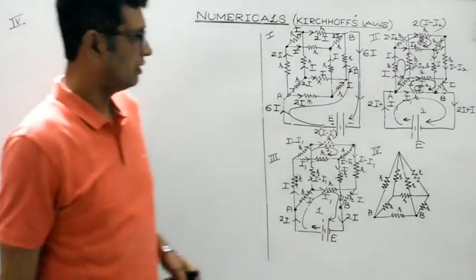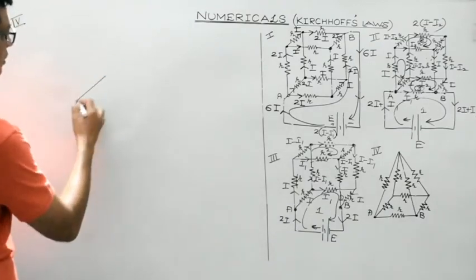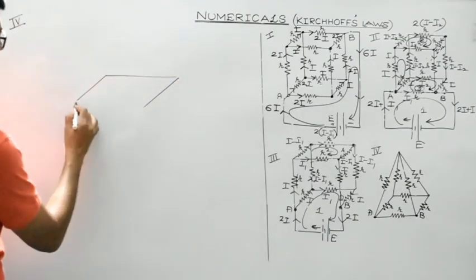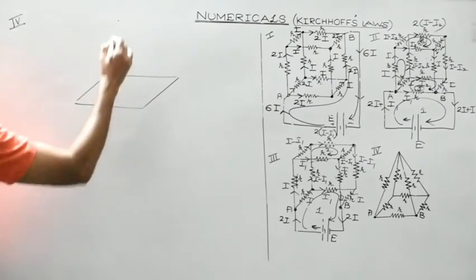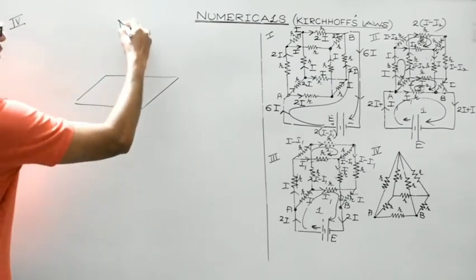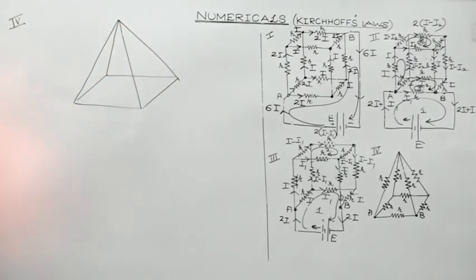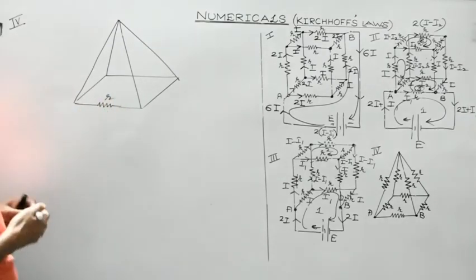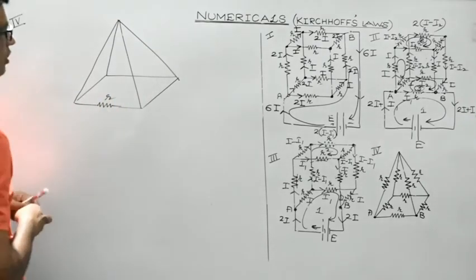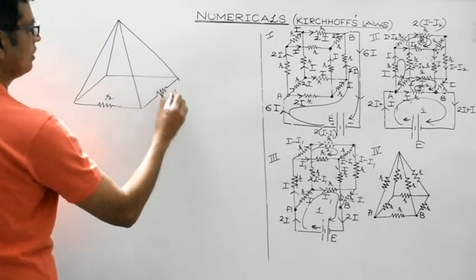Fourth question students, let me draw the circuit diagram again, right? So this is the base and each side is of resistance R, like this, right? Each side, it has got a square base, so it's in the form of a pyramid.